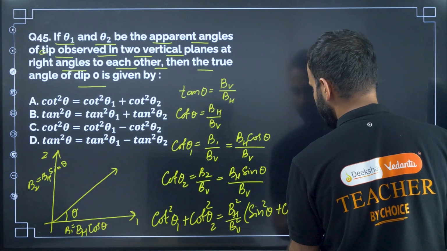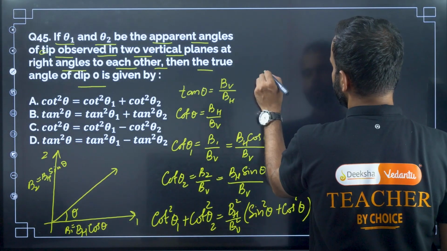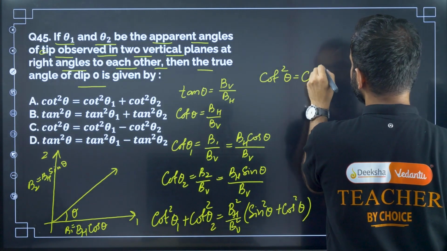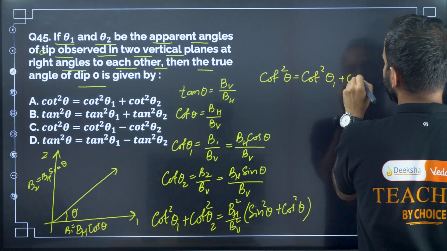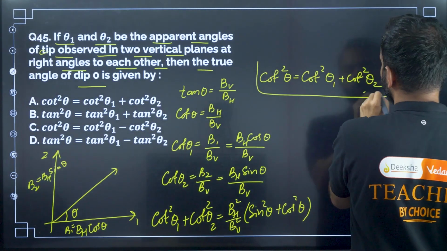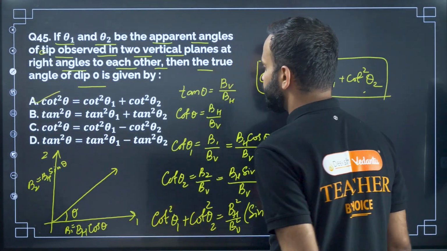Sin square theta plus cos square theta is 1. BH by BV is cot theta, so this will be cot square theta. So finally cot square theta is equal to cot square theta 1 plus cot square theta 2. So the correct option is A.